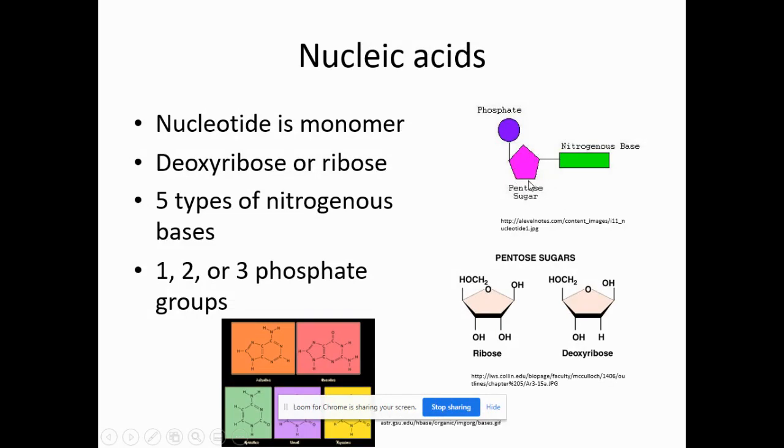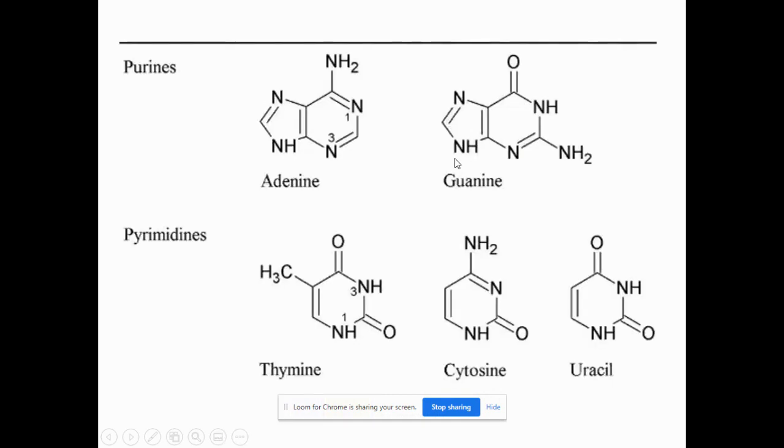That 5-carbon sugar can be either deoxyribose or ribose. You have a nitrogenous base, and there are 5 types of nitrogenous bases. And then you have a phosphate group, or 1, 2, or 3 phosphate groups. So this is the basic structure of a nucleotide. Here are the nitrogenous bases.